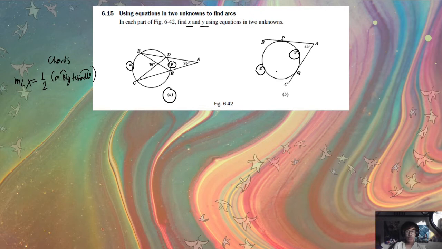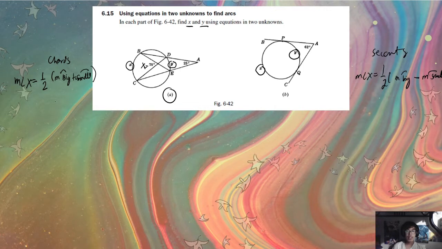But for secant lines, the measurement of angle x, where x is an arbitrary angle, is going to be 1/2 of the measurement of the big arc minus the measurement of the small arc. So for this problem, big X is going to be 70 degrees.